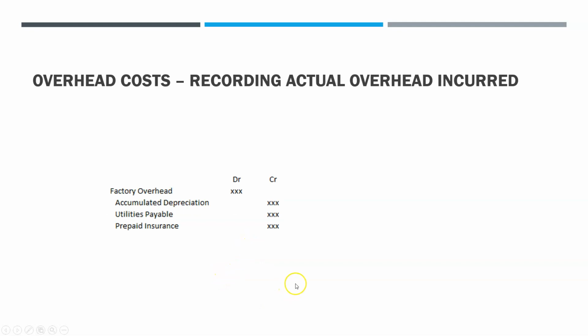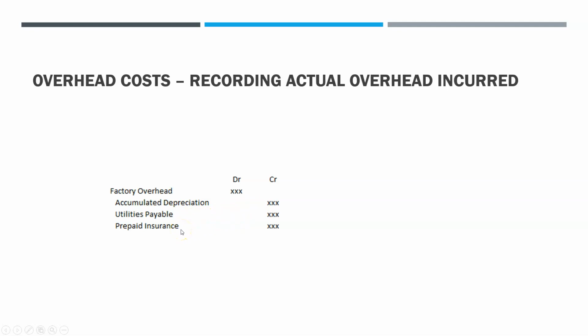When companies record actual overhead expenses when they receive the bills, they're going to debit the factory overhead account and then credit the respective account dependent on what the item was. So if it's depreciation expense, it's not a bill, it's just a calculation, an adjusting entry at the end of the year. They're going to credit accumulated depreciation. If they receive a utility bill, they're going to credit utilities payable.